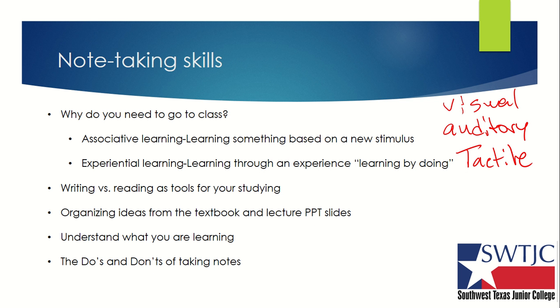So we talk about this in psychology as associative learning. Different stimuli, new stimulus, new information in the form of visual, auditory, tactile, for example, cause new learning. Experiential learning: you're learning through an experience.